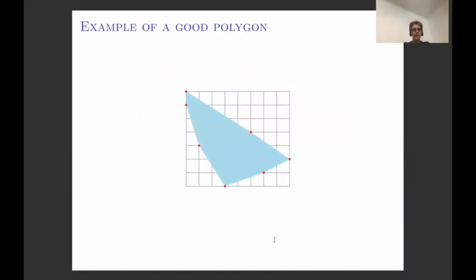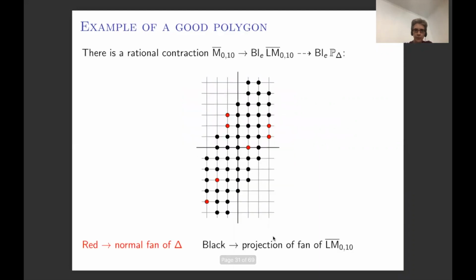So here is an example of a good polygon. And this is the polygon that allows us to construct a rational contraction from M0,10 bar to the blow up of the corresponding toric surface at the identity point. What you have in this picture in red is the vertices of the normal fan of the good polygon delta.